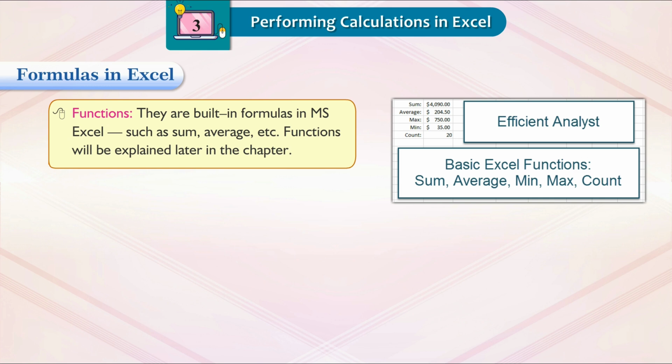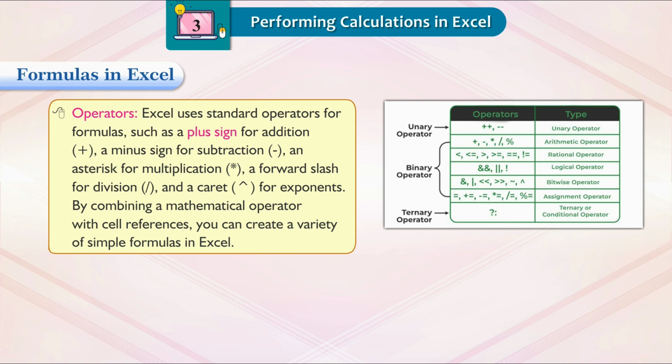Functions. They are built-in formulas in MS Excel such as sum, average, etc. Functions will be explained later in the chapter. Operators. Excel uses standard operators for formulas such as a plus sign for addition, a minus sign for subtraction, an asterisk for multiplication, a forward slash for division, and a caret for exponents.